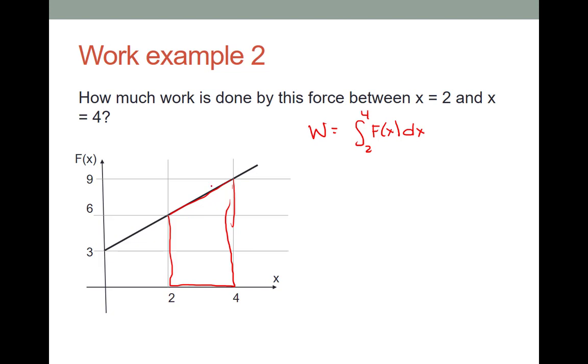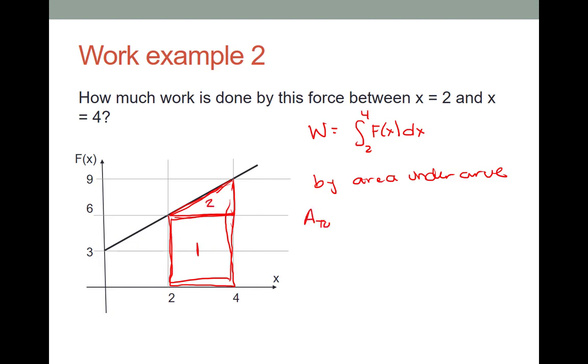One, we could find the equation for this line and integrate it. But the other thing we can do is remember that you can take a numeric integral by finding areas, which is why I drew a box, because I'm going to subdivide this area into two pieces. I have a triangular piece and a rectangular piece. I'm going to call the rectangular piece piece 1 and this piece 2.